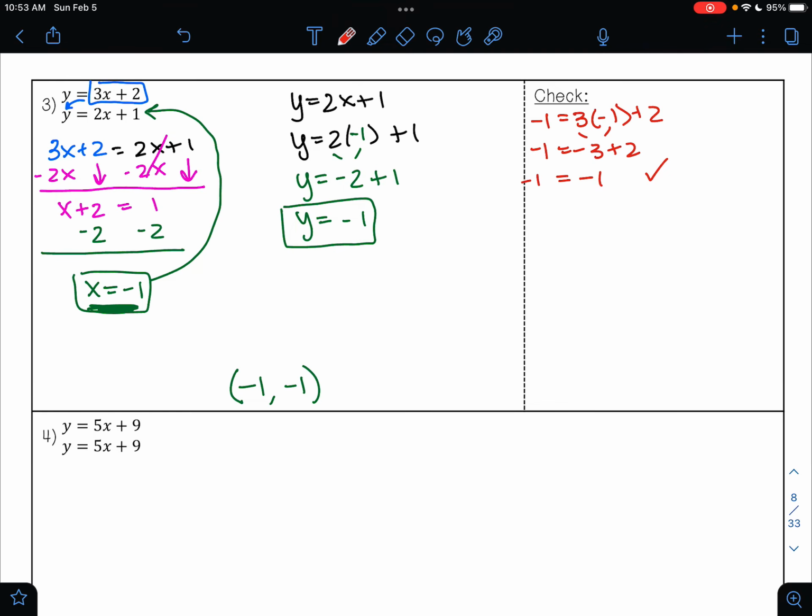Now let me check my second equation. I'm going to have negative 1 equals 2 times negative 1 plus 1. Negative 1 equals negative 2 plus 1. Negative 2 plus 1 is negative 1. Does negative 1 equal negative 1? Yes, it does. That means we've done everything correctly, and this is our solution.